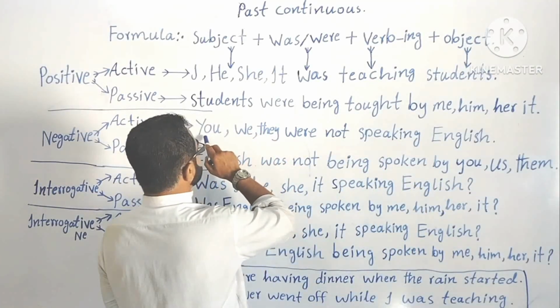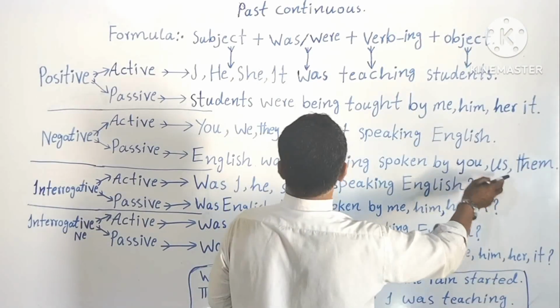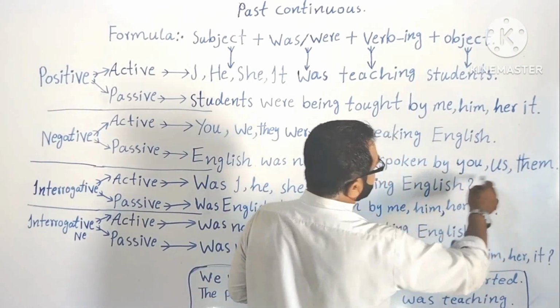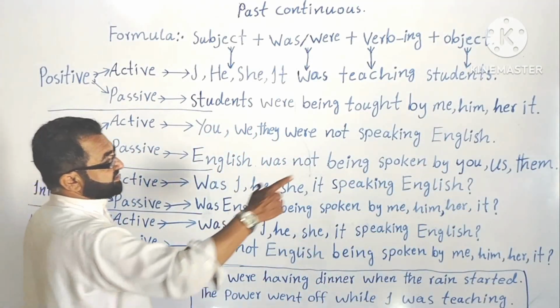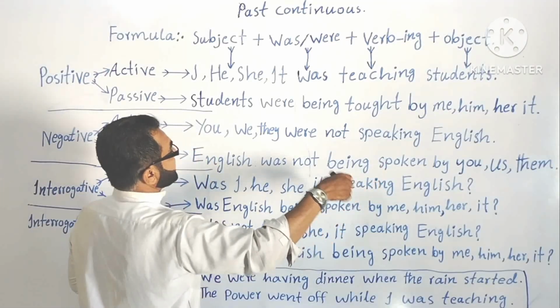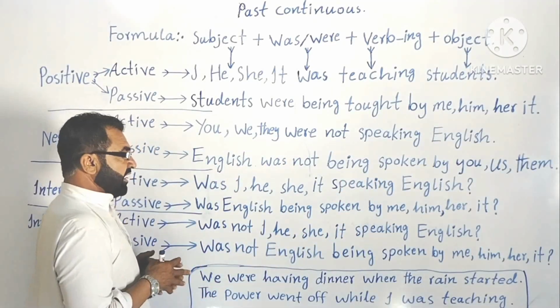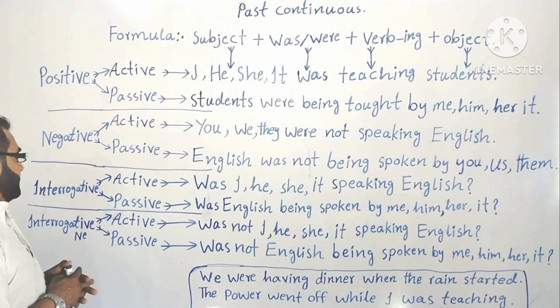You see, if it is you here, it can be you here. If it is we here, it can be us here. If it is they here, it can be them here. Because these are the objective cases of you, we, they.